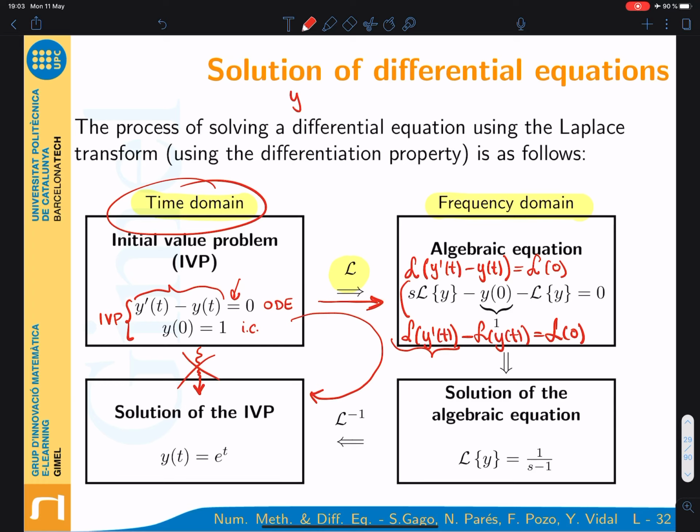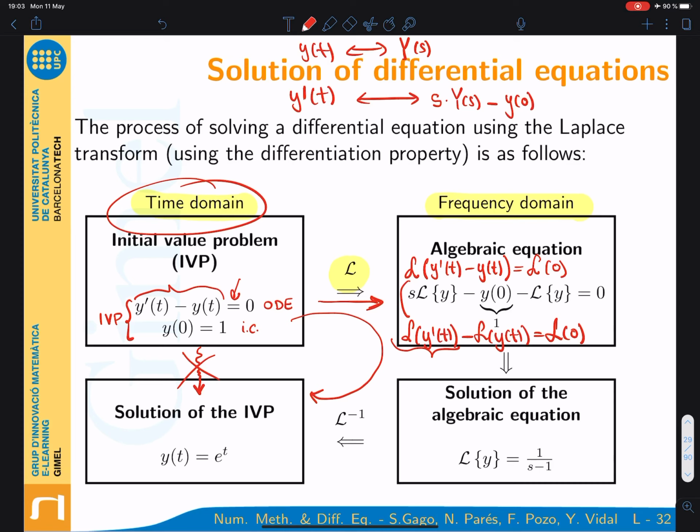Remember, when we use the derivative here, if y t has a Laplace transform that is called capital Y of s, following our convention to use capitalized letters, then the property of the derivative is telling me that what in time domain is taking derivative, in the frequency domain is just multiplying by s and subtracting the value of the function at 0.